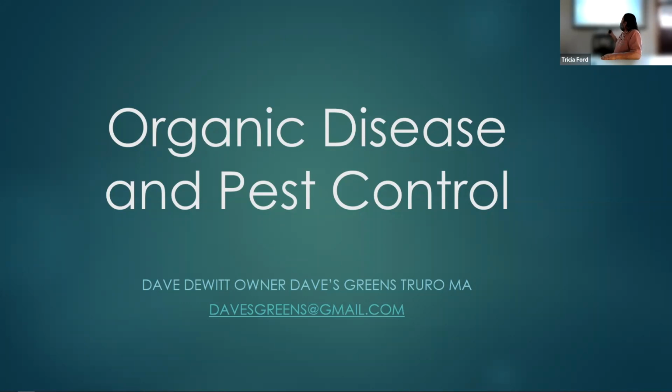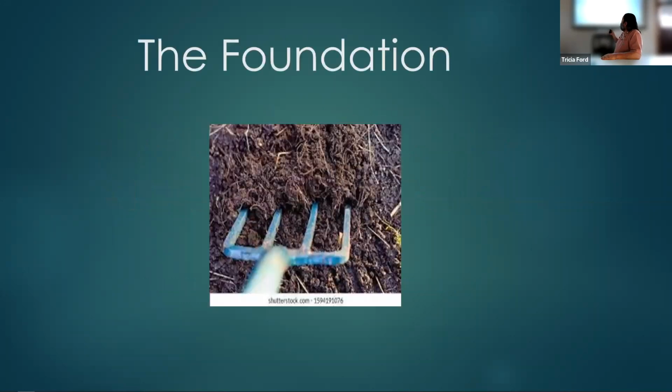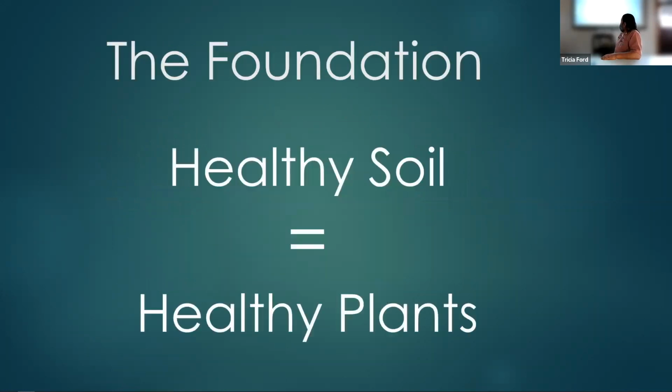All right. The foundation. Those of you who've been watching my last couple of talks know my thoughts about soil. That's where this all begins, even though we're talking about disease and pests. The foundation of the principles I'm about to explain all comes from the soil and the environment. Healthy soil equals healthy plants. Unhealthy plants are disease and pest ridden.